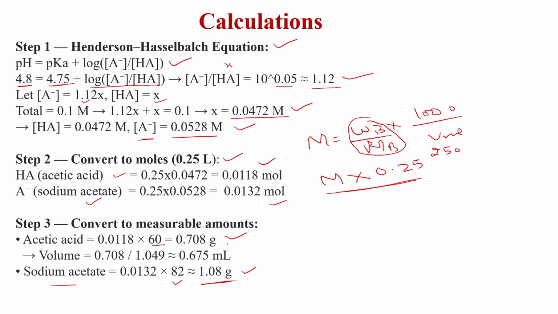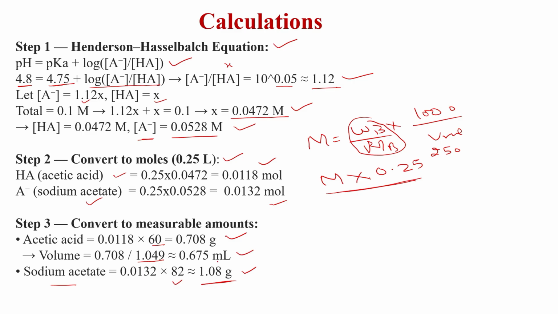0.708 gram. Now since the density of acetic acid is given as 1.049, the volume will be equal to 0.708 divided by 1.049, which is the volume of acetic acid, and this will be equal to 0.675 ml.